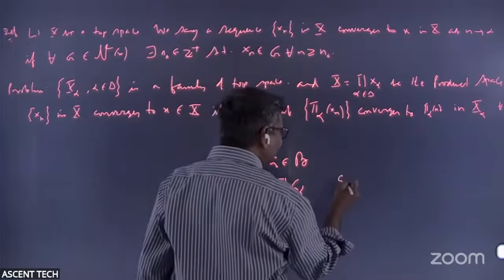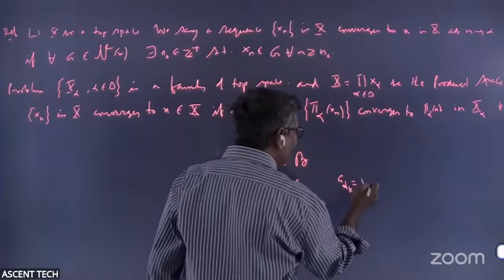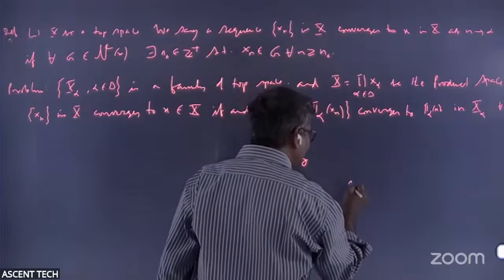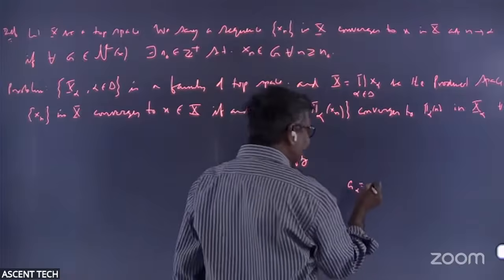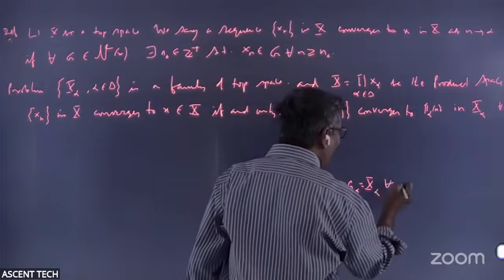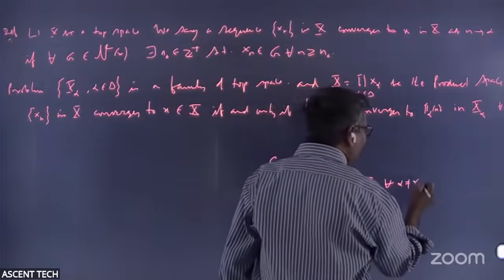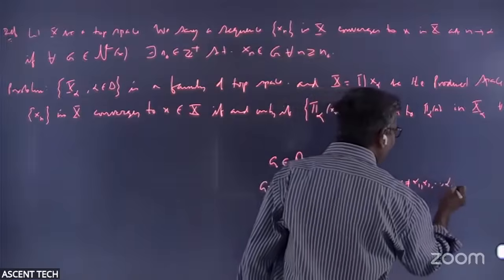So g alpha k equals some value, and g alpha is the whole x alpha for all alpha not equal to alpha 1, alpha 2, etc., alpha n.